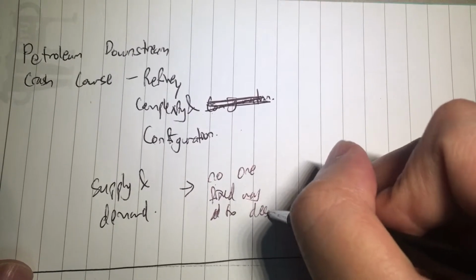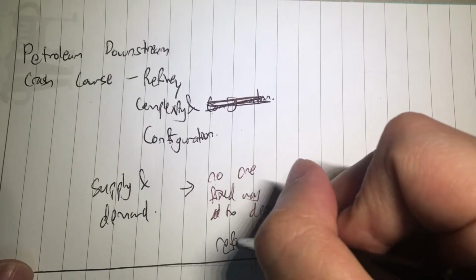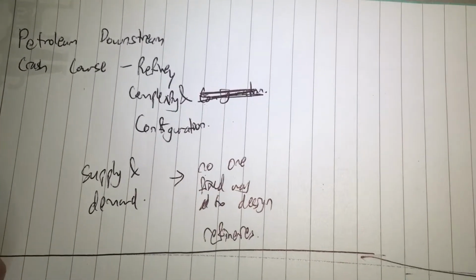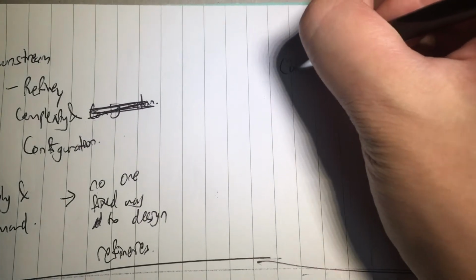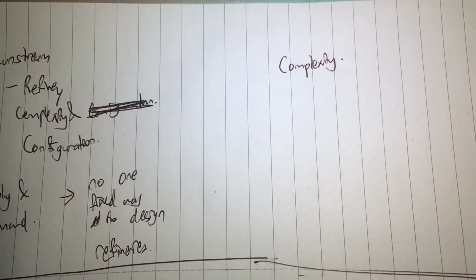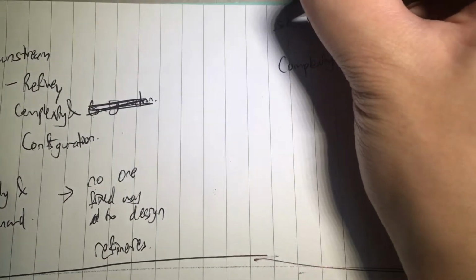In fact, there are many ways refineries can be designed, and we classify them under a few types. We classify them by complexity, going from the most simple to the most complex.